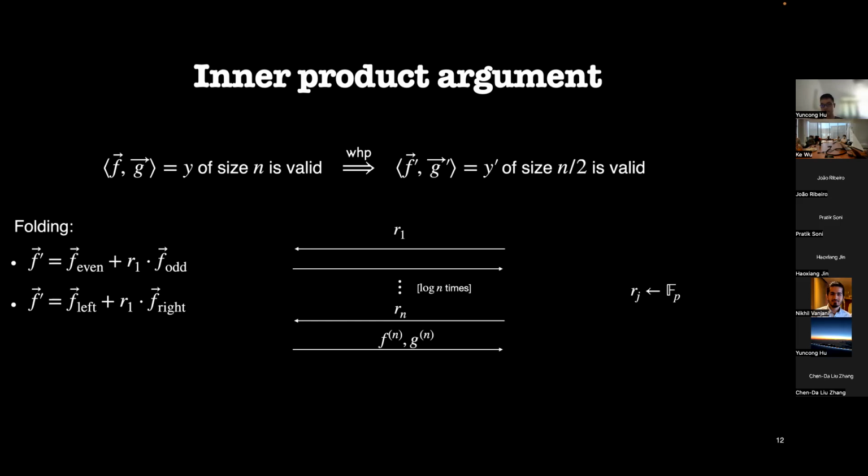And this folding technique is also commonly used in other time-efficient protocols like multivariate sum check, the scalar product or grand product protocol. They all need this kind of folding reduction process.